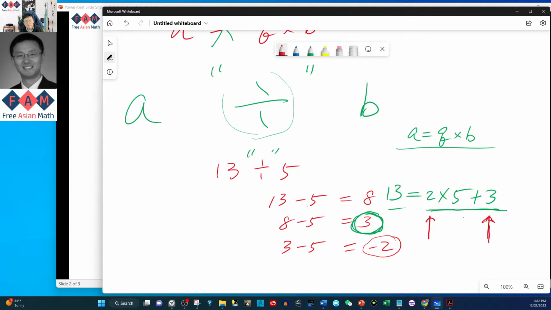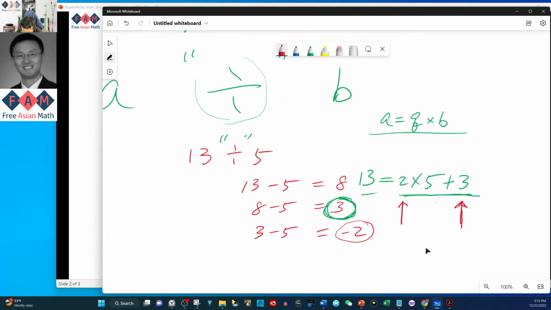So a division with remainder operation is an operation that will give us not just one, but actually two numbers. One is what we call, as you know, the quotient, which is 2, and this is the remainder. This is 3.